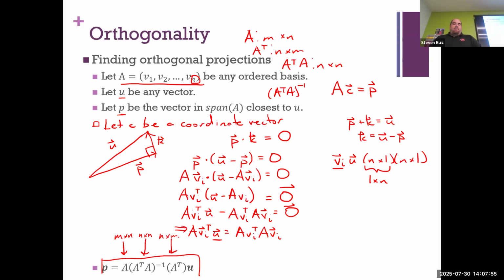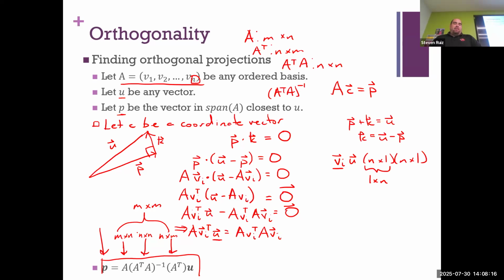N by M. So multiplying all these things together gives me a square M by M matrix.